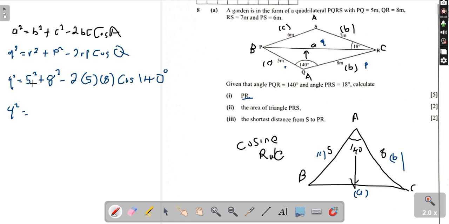So here we have 5 squared plus 8 squared. It's giving me 89. Then minus, here you can punch everything, just the way I've written it, 2 in brackets 5 in brackets 8 cos 140.